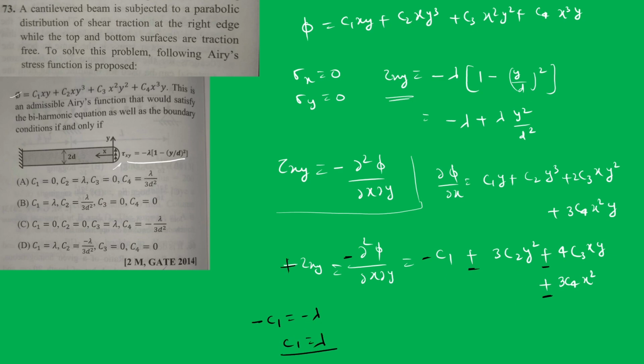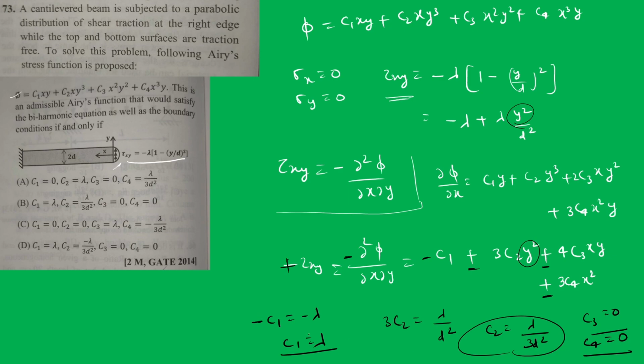Then this one is the function of y square, so 3 c2 is equal to lambda by d square. From here you will get c2 is equal to lambda by 3 d square. For xy, there is no term, so c3 is equal to 0. For x square, there is no term, so c4 is equal to 0.